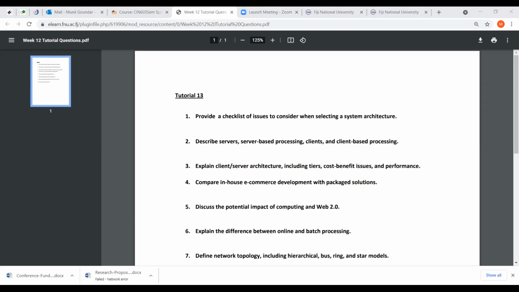First of all, the very first thing in your checklist is the system architecture needs to meet the objectives of the organization.